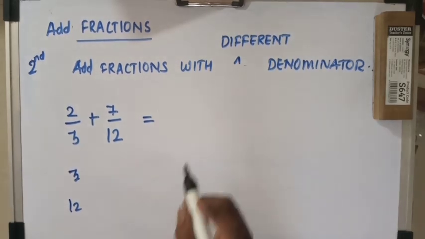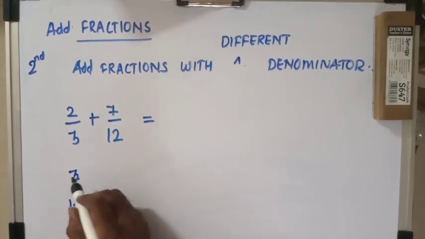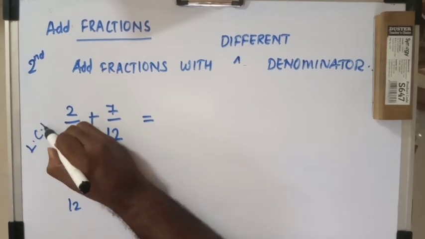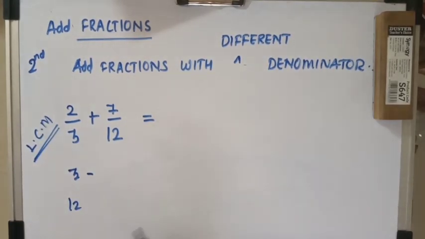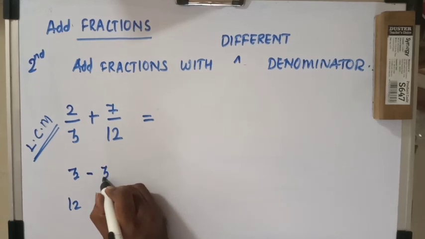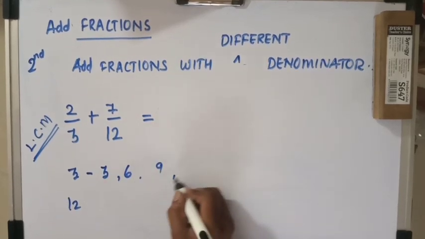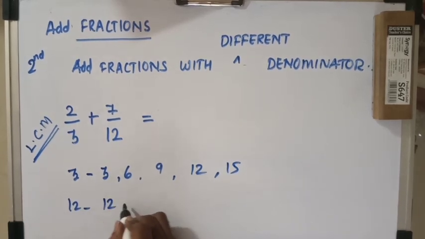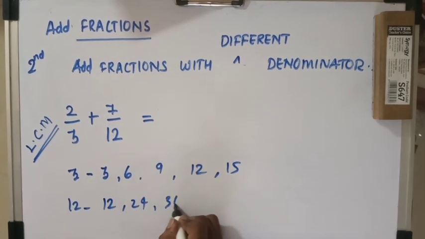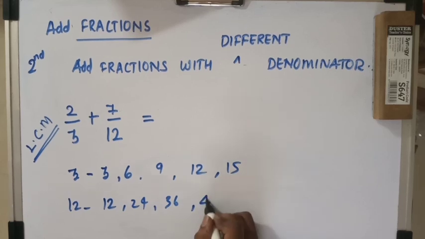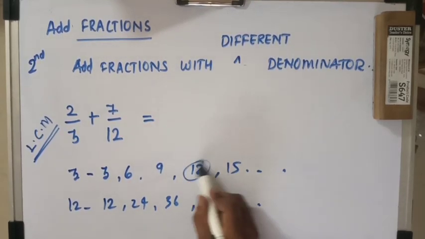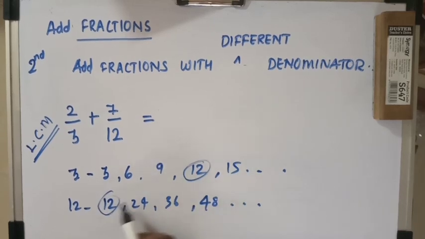You'll be finding the least common multiple. For 3: 3 1s are 3, 3 2s are 6, 3 3s are 9, 3 4s are 12, 3 5s are 15. In the same way, 12 1s are 12, 12 2s are 24, 36, 48, and so on. Now children, which is the least common multiple here? The least common multiple is 12.